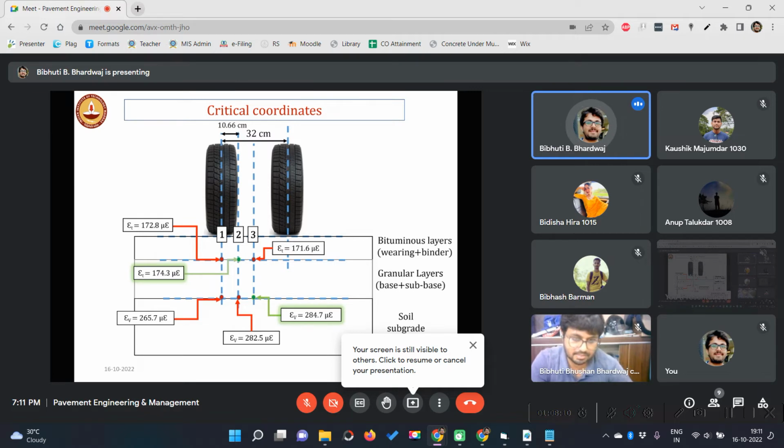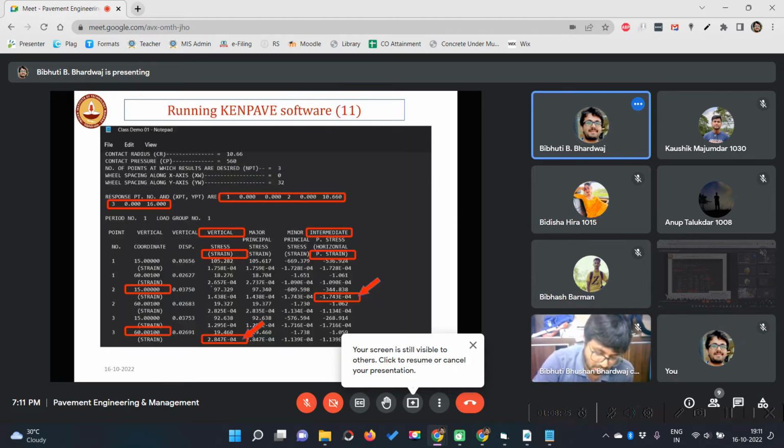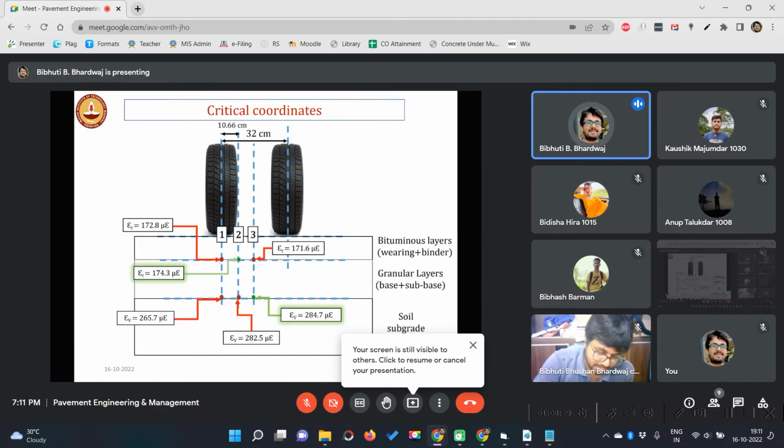So these are the strain values at all the points. I have written all the values here for better explanation. At this point it is this much, at this point this much, at this point this much.